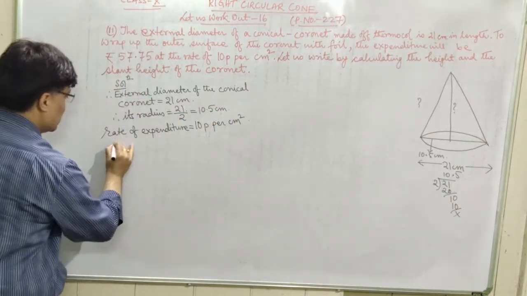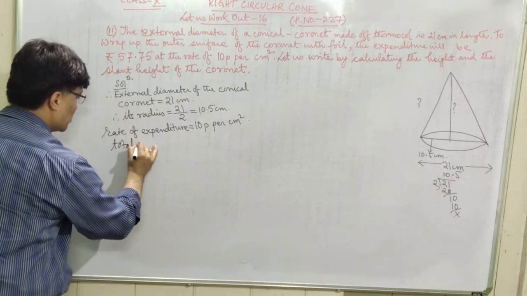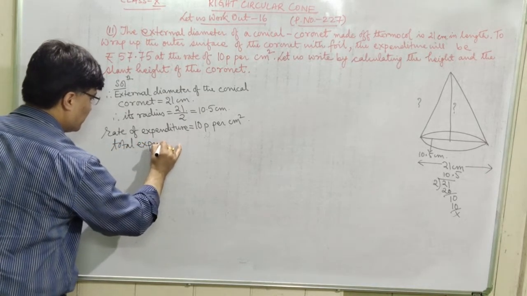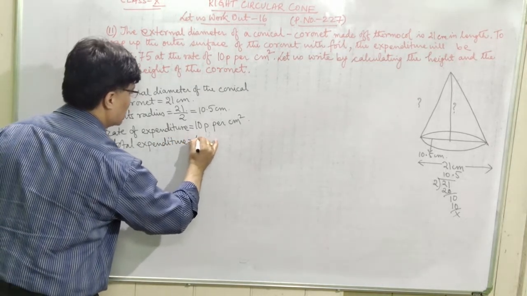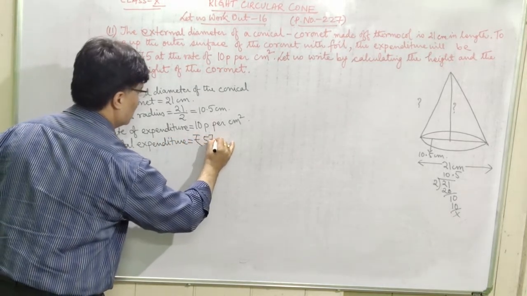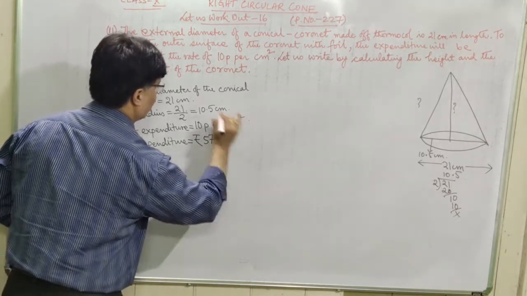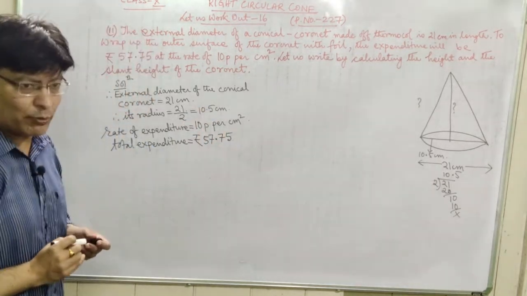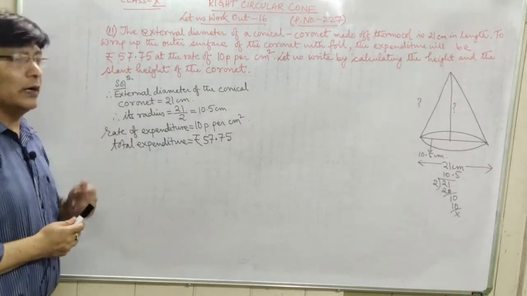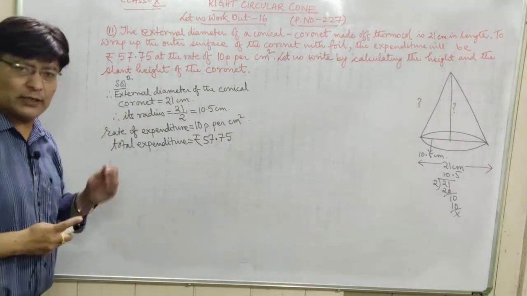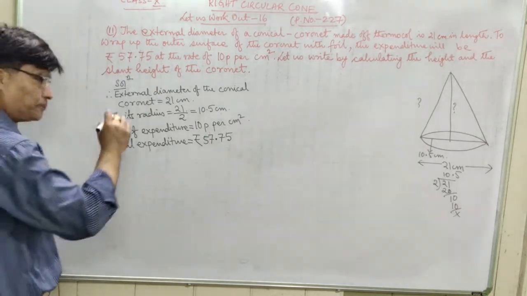What is the total expenditure here? So total expenditure here is rupees 57.75. Okay.